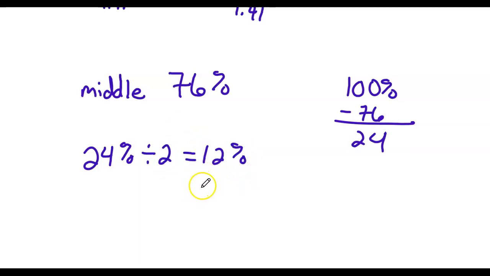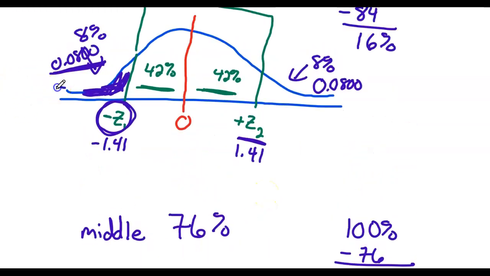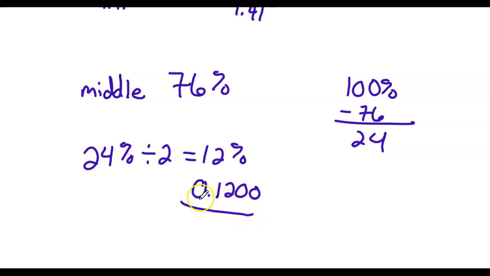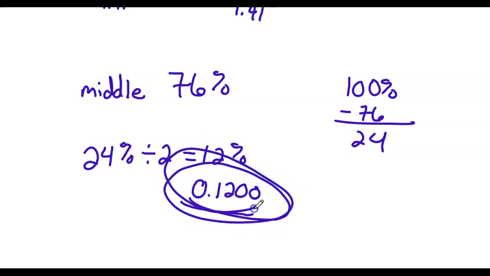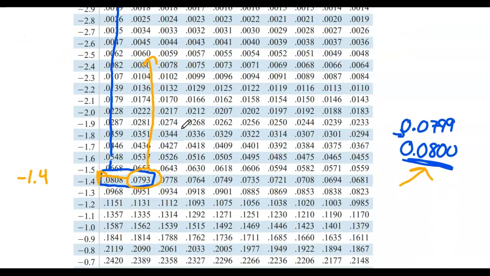I change that into a decimal, so I get 0.1200. So this is the amount that is in the tail, in other words, this part right here, after I have subtracted from 100 and divided by 2. That's the part that is in the tail. So this is the number that I'm going to look up inside the middle of my chart.